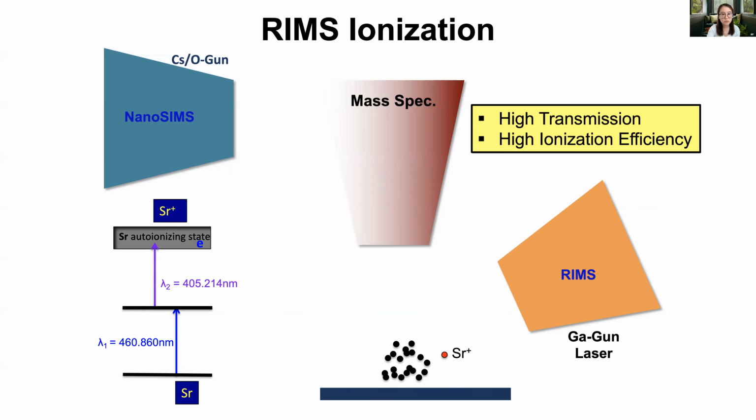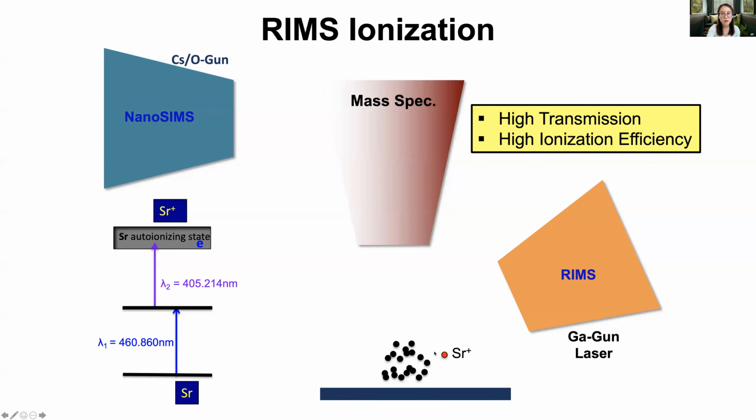Then only strontium atoms in this cloud get ionized, and then they can fly in the mass spectrometer and get detected. Therefore, in RIMS instruments, we don't need to worry about atomic interferences as the post-ionization process is selective, and we only detect what we want at the end.